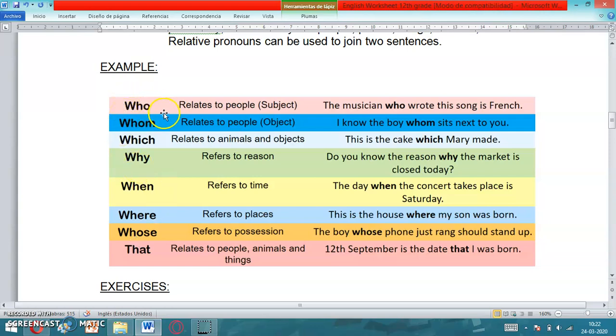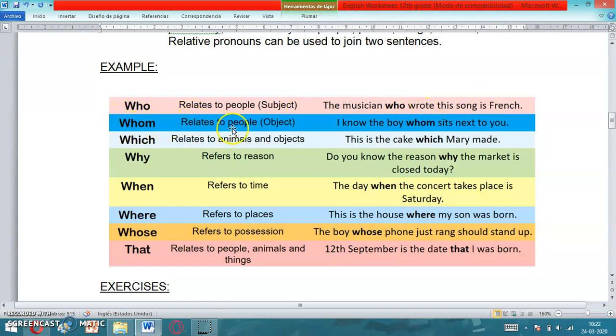Who in this case refers only to people. Okay, this is an example. The musician who wrote this song is French. Okay, this who talks about the musician that wrote the song.